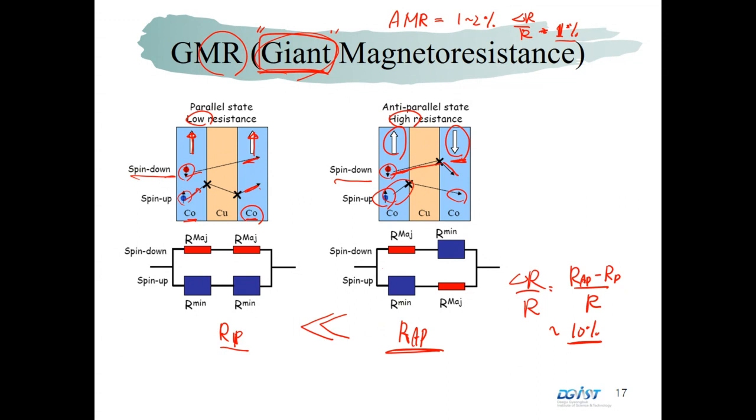Yeah, 10% is not that large, but it's an order of magnitude larger than the AMR. So that's why we put the name GMR. Yes, 10% MR. With this 10% MR, we can use this MR effect in many applications.